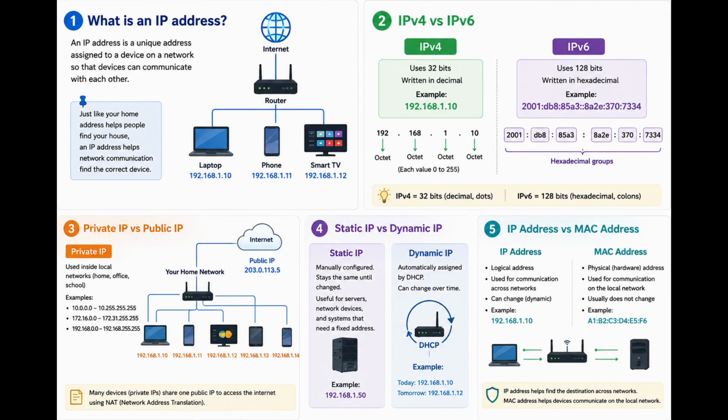IPv6 uses 128 bits and looks something like 2001:DB8:11:1. IP addresses can be public and private, and they can be static and dynamically assigned.